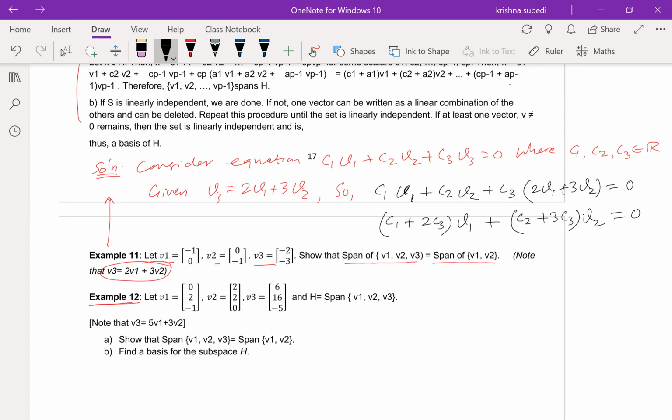Right? Because remember, span of v1, v2, v3 means this. So this one and this one are the same thing.